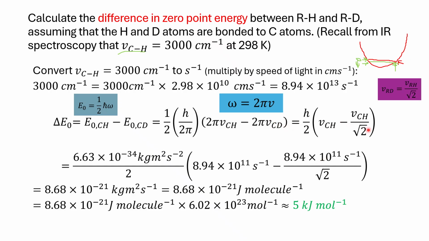The vibrational frequency of RD can be related to that of RH, as we derived in the previous slide, whereby the vibrational frequency of RD equals the vibrational frequency of RH divided by the square root of 2. We substitute this and do some calculations, and the energy difference between RH and RD at the vibrational quantum level equal to 0 is about 5 kilojoule per mole.